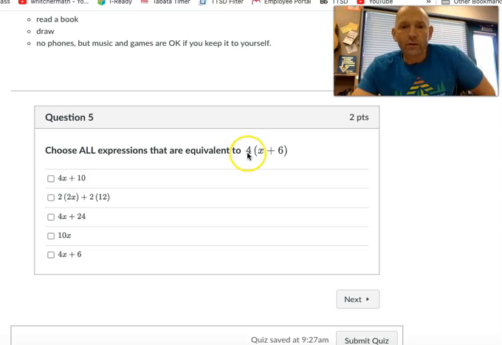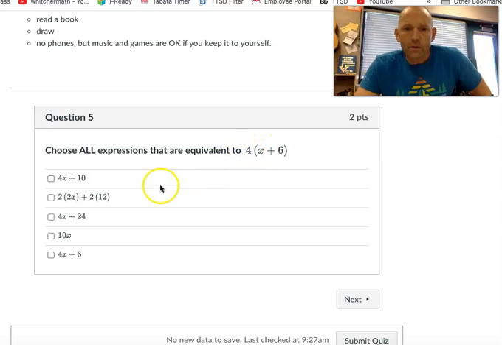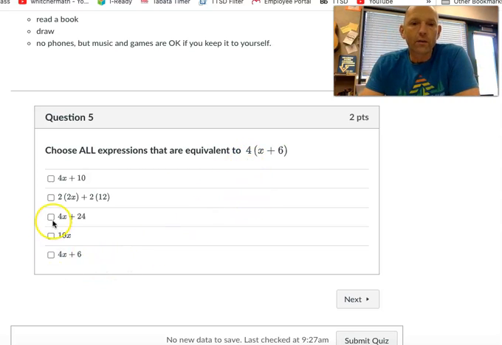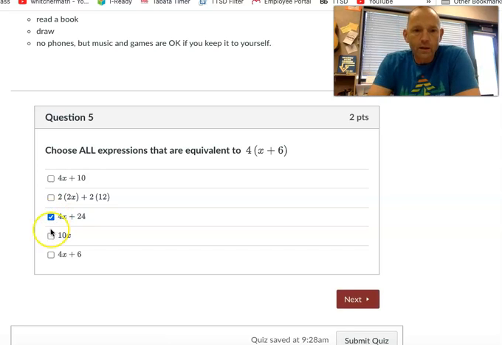So in this case, I hope I have my little yellow box tracking around here, but I have 4 times x, which is 4x, and 4 times 6, which is 24, right? Okay, so we're looking for 4x plus 24 down here. There's one, that's obvious.